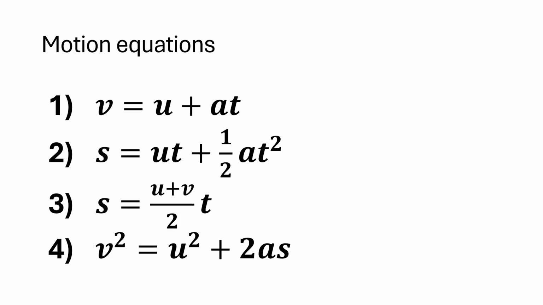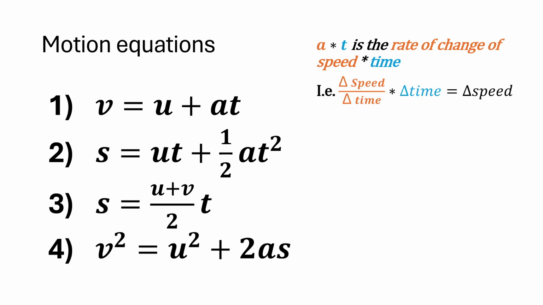V equals u plus at. First of all, I want you to have a look at the at. Acceleration is essentially the rate of change of speed. By definition, that's what it is. So acceleration times time is the change in speed over the change in time, multiplied by the change in time, whereby the acceleration is the rate of change of speed.